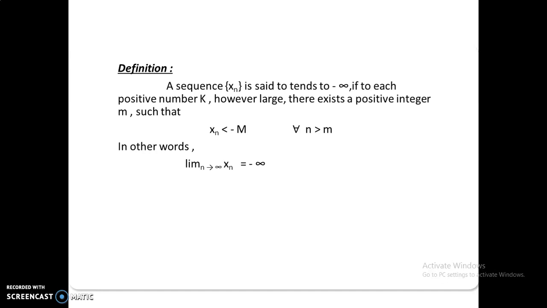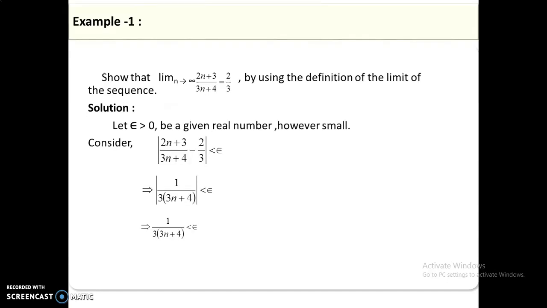In other words, as we go to larger terms of the sequence, as n approaches infinity, it gives minus infinity. Now we shall discuss some examples based on these definitions of the limit of a sequence.